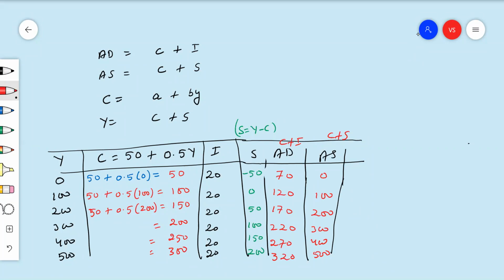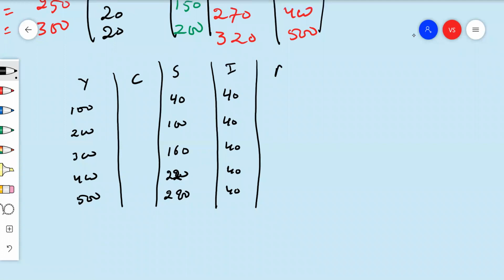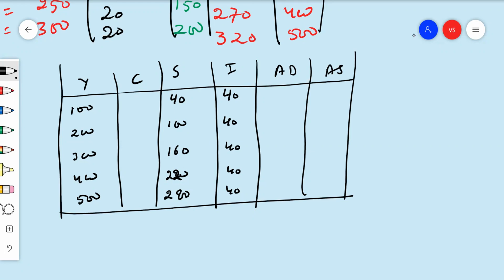Now I'm giving one more question. Students, solve this question. I have given you some values and you have to find the missing value. Calculate consumption, AD and AS from the given question.